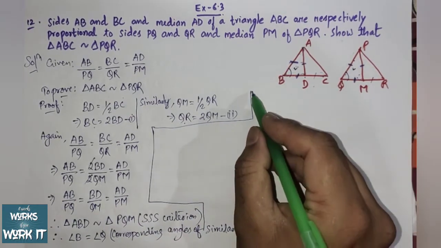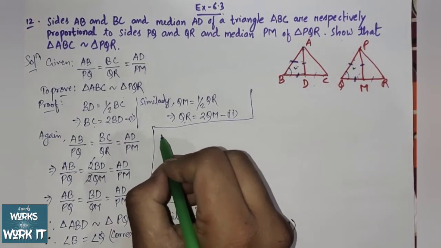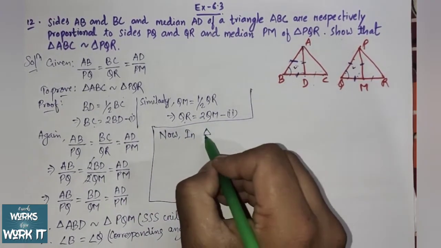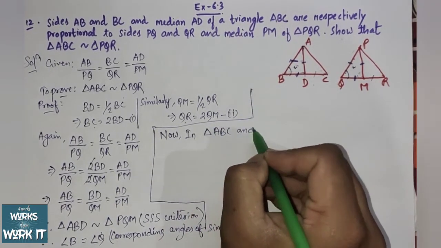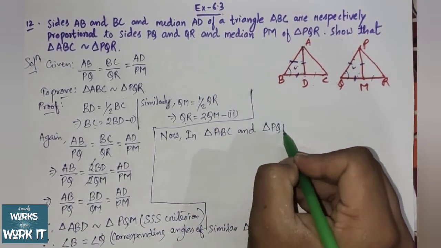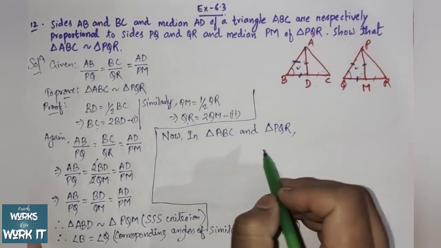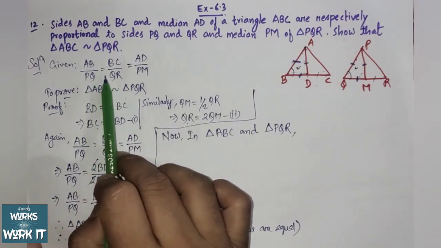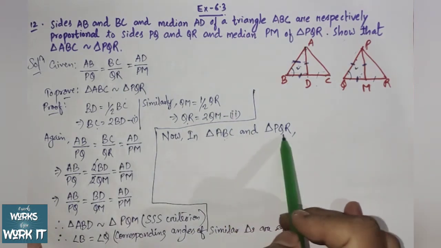Now we will start our next step. We take the triangles we need to show similar, triangle ABC and triangle PQR. We will take the parts which are given and proportional between these two triangles.